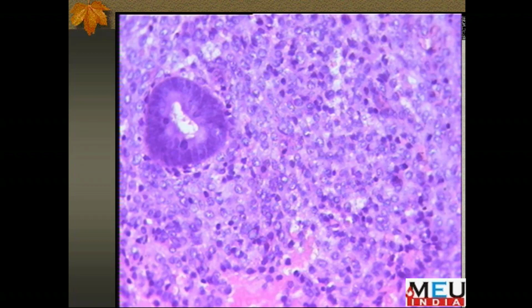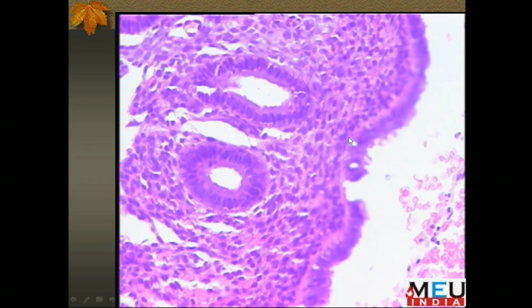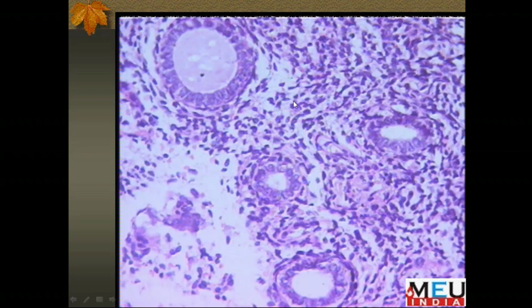The tortuosity starts increasing, and again the edema is increasing. In the mid proliferative phase the glands become coiled, and the edema goes on increasing, and that is around 8 to 10 days.